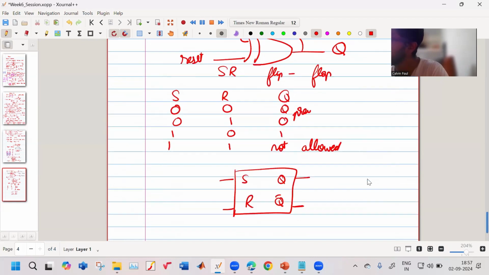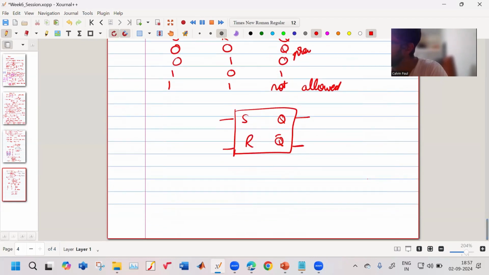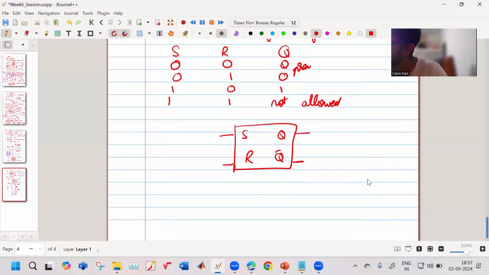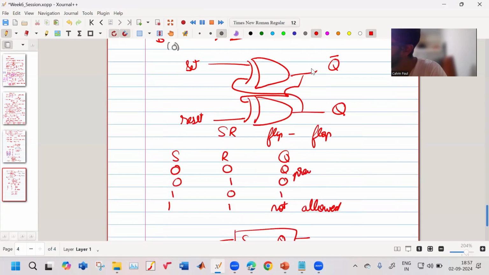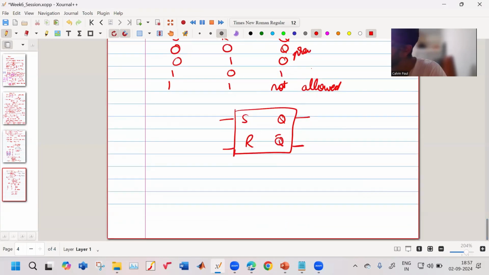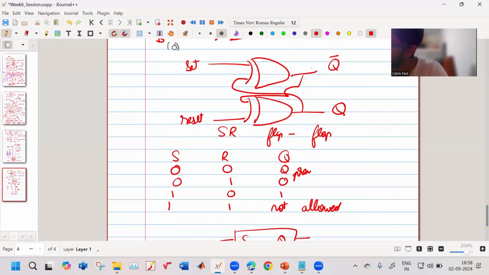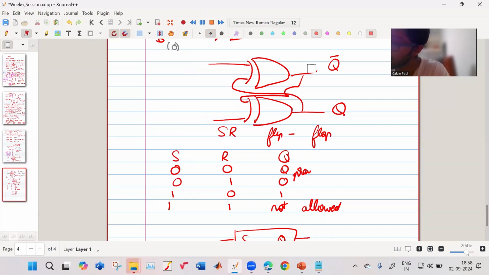So the solution they came up with is to use a NOT gate in front of the reset. We put a NOT gate and we put the input.